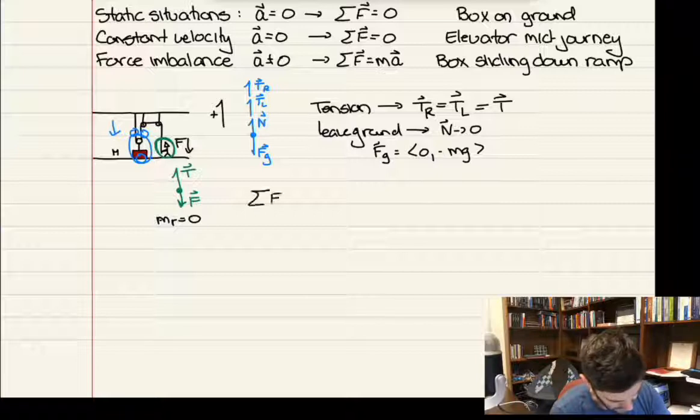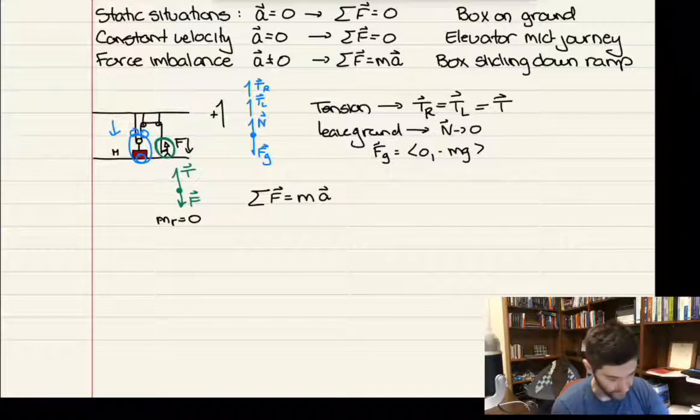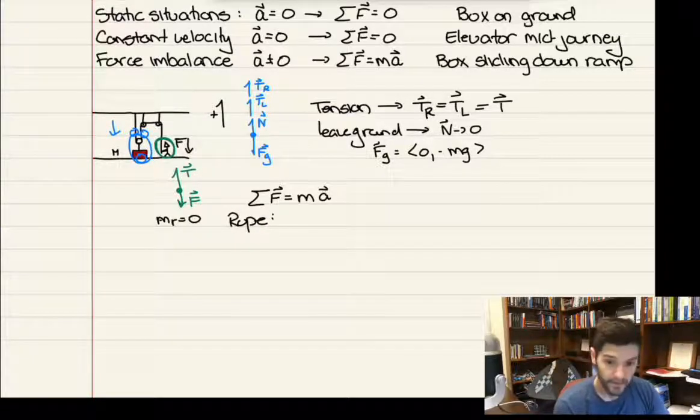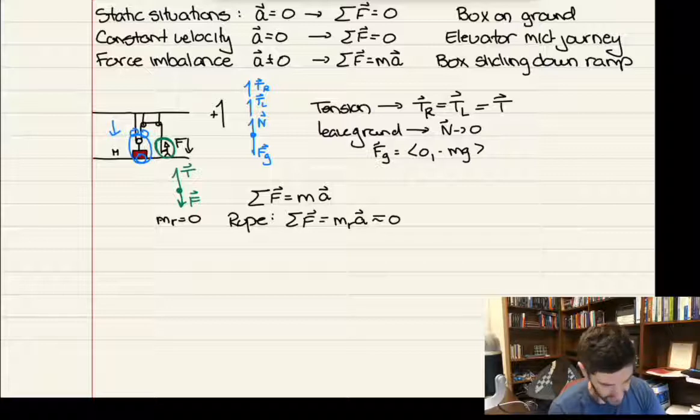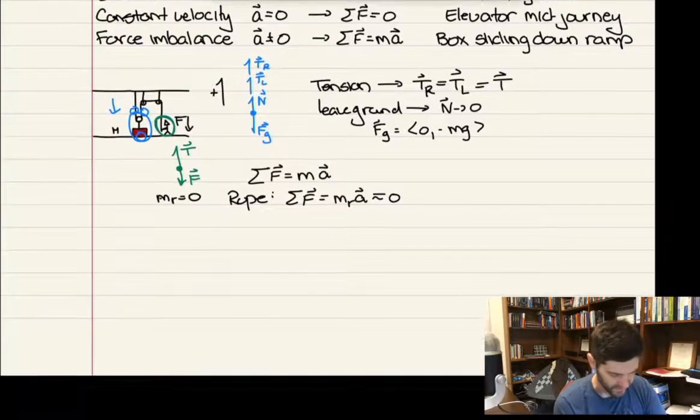Now, Newton's second law says this. In general, for the rope, I can write this as the sum of the forces equals the mass of the rope times the acceleration of the rope. But the mass of the rope is essentially nothing, so that's 0.